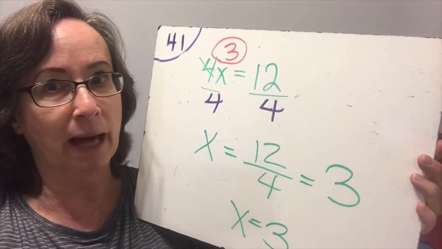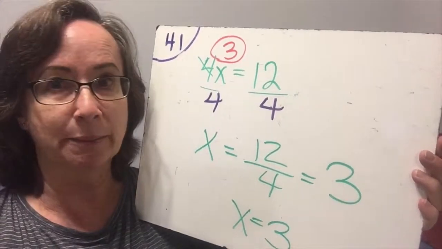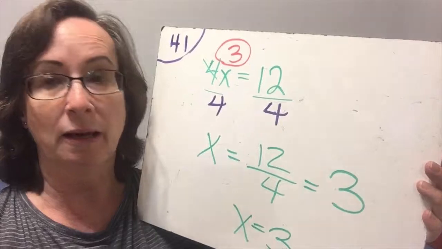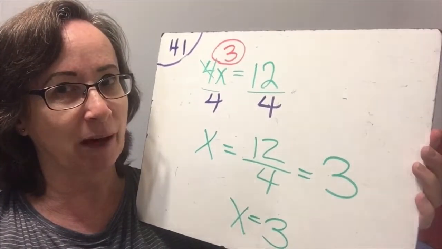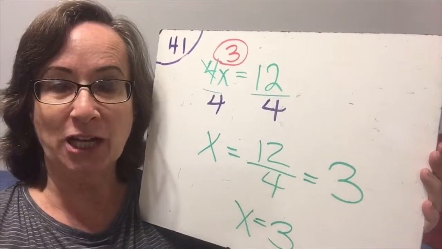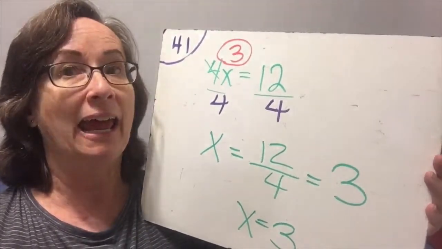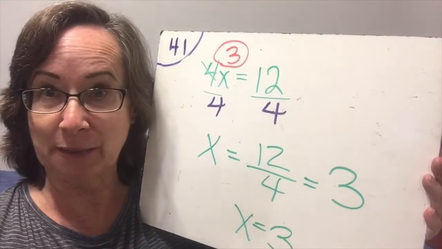So dividing by 4 on both sides is perfectly legal, and the multiplication property of equality really applies to both multiplication and division, just like the addition property of equality applies to both addition and subtraction. We can always change a subtraction into addition of the opposite, and we can always change division into multiplication by a reciprocal.